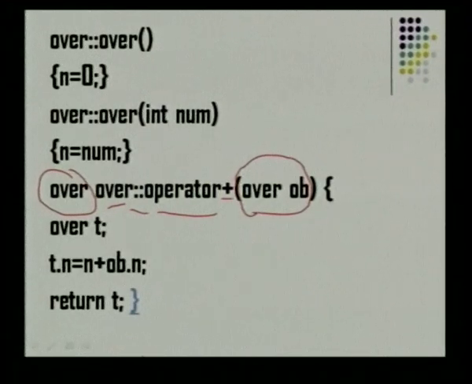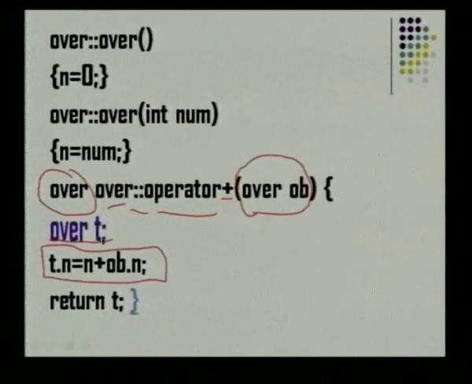Inside this particular definition, the same thing that is coming for unary operators, we have to have a temporary variable which is of type class, that means this is also an object. Now, this is where the difference lies between the unary and the binary operators. In the case of the unary operator, you simply had one operand over here and you either increased its value and assigned it to this object or you assigned the same value to the object.